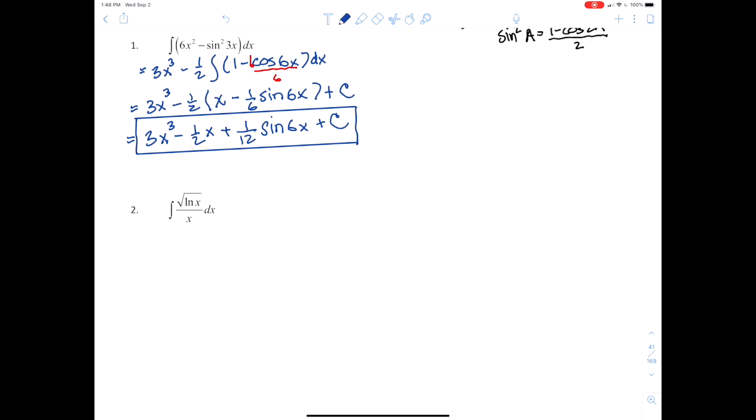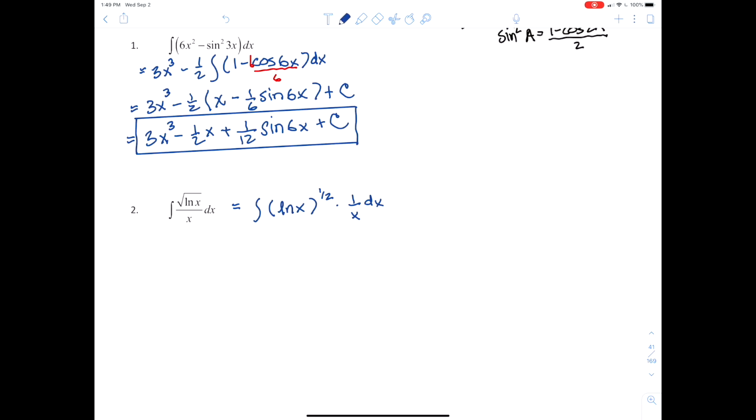We've got the square root of quantity natural log at x with respect to x. So let's rewrite this as the integral of natural log at x to the 1/2 power times 1 over x dx.